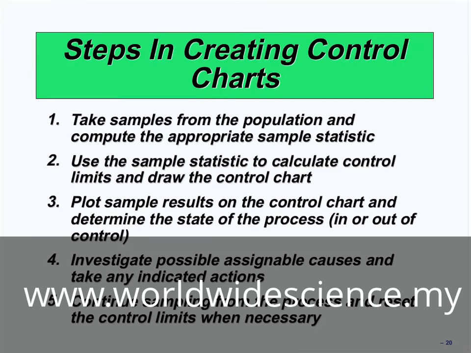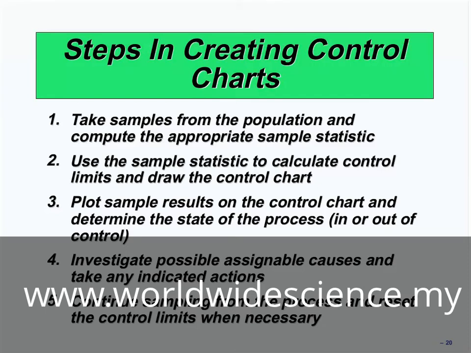Now we want to summarize the steps in creating control charts. Number 1. Take samples from the population and compute the appropriate sample statistic. Number 2. Use the sample statistic to calculate control limits, LCL and UCL, and draw the control chart. Number 3. Plot sample results on the control chart and determine the state of the process, in or out of control.